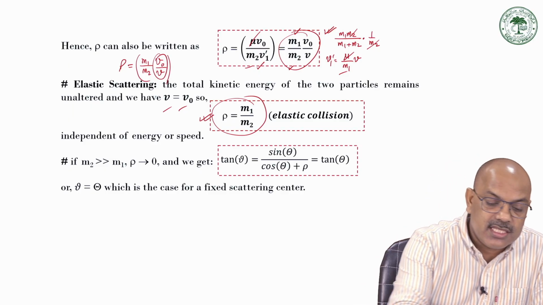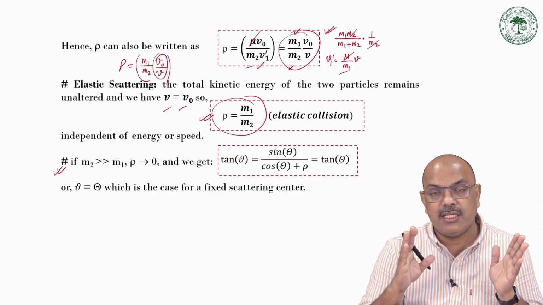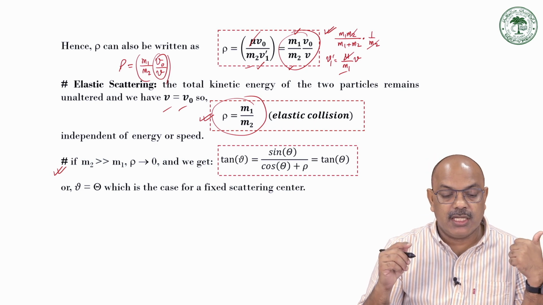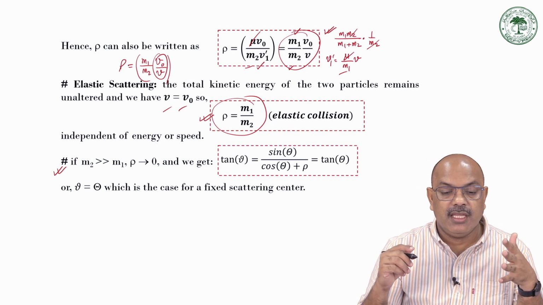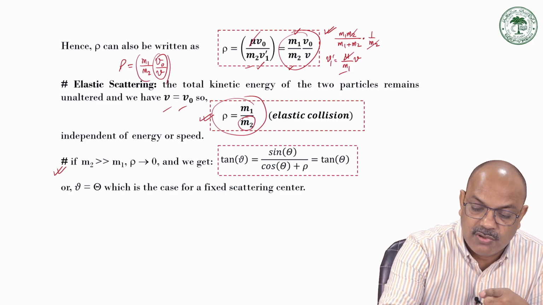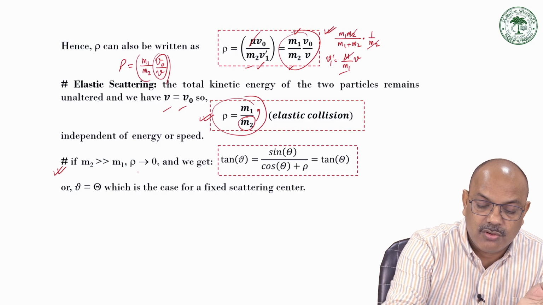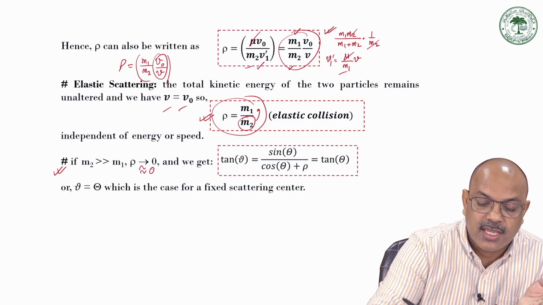And then the second case is if m2 is greater than m1, that is, m2 is the target and m1 is the projectile particle. If the target is very heavy, then rho is approximately going to be 0.